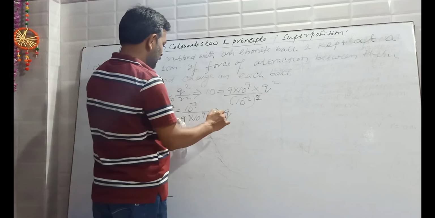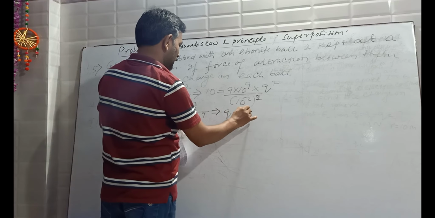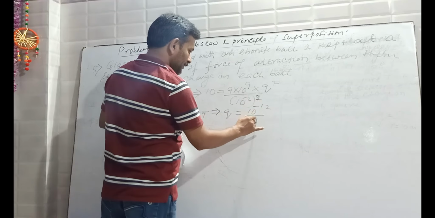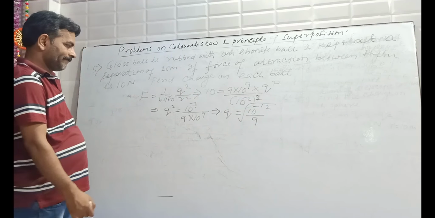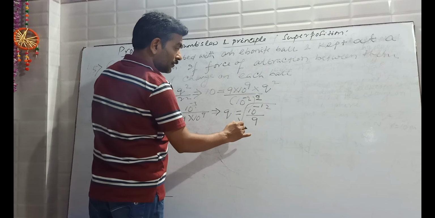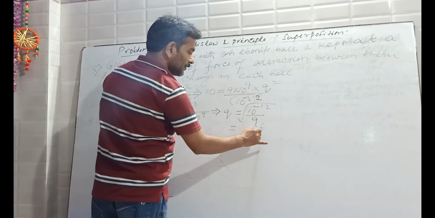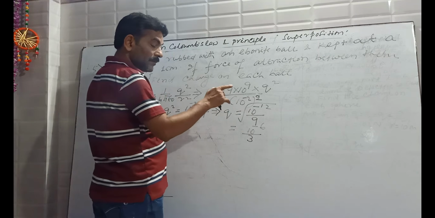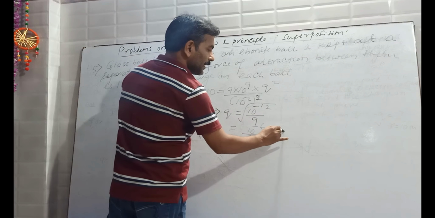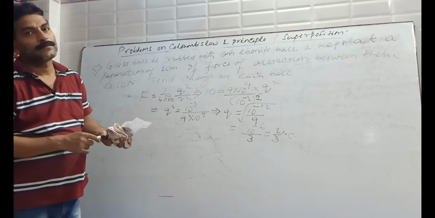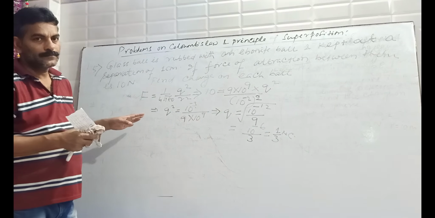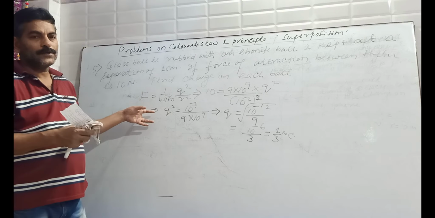So Q is the root of this: 10 to the minus 12 by 9, root over of which is 10 to the power minus 6 by 3 coulomb. That is 1/3 micro coulomb. Clear?